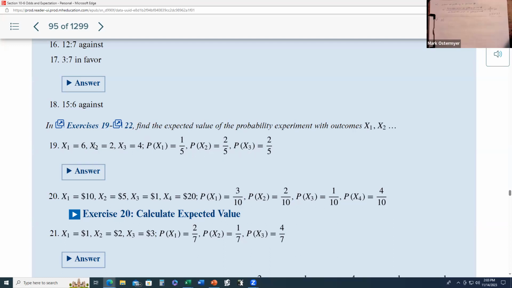So all you got to do is take the value of the random variable and multiply it by its probability of occurrence, and then just add those products together, and you will have what's called the expected value. So let's see if you can do this problem. Throw it into classwork. You take 6 times 1/5 plus 2 times 2/5 plus 4 times 2/5.